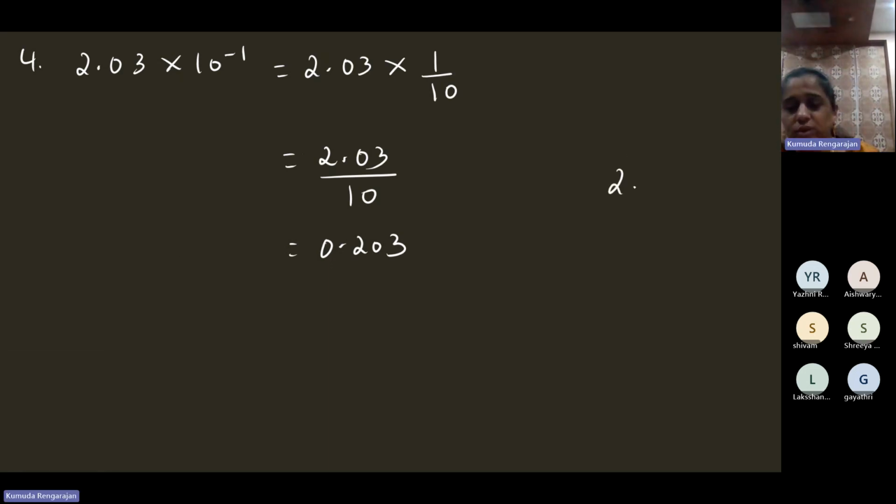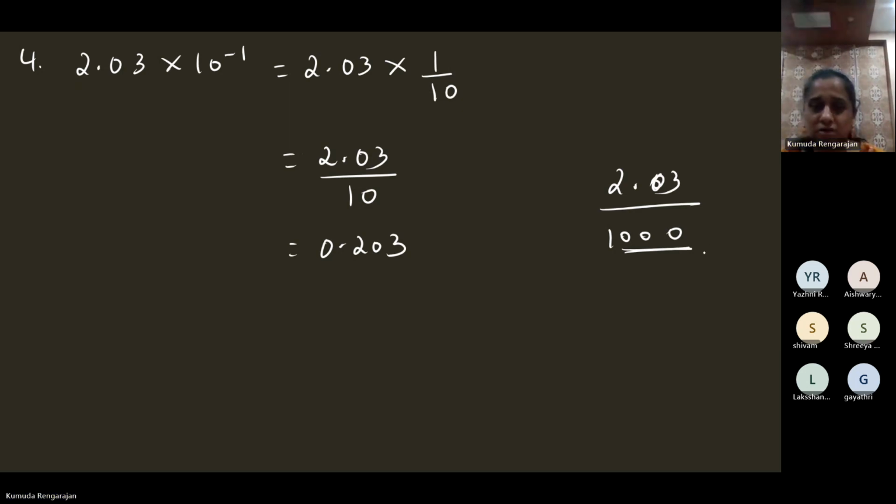If supposing it was 2.03 divided by 1000, so 3 zeros, you'll have to shift the decimal point by 3 places. Left or right? It should make it smaller because you're dividing by 1000. The numerator is divided by 1000, so the value of the numerator will reduce.